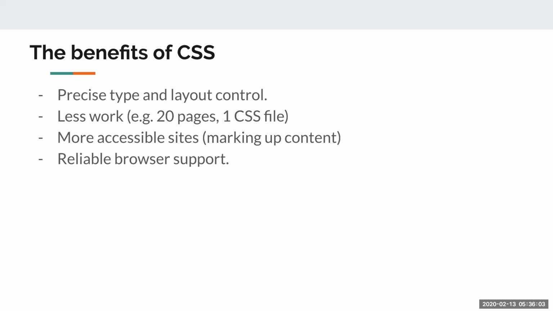But if you use a CSS file, you can share one CSS file across different pages, and updating that one file will update the style of multiple pages that include it. You can also make a more accessible site by marking up content, and it has reliable browser support.